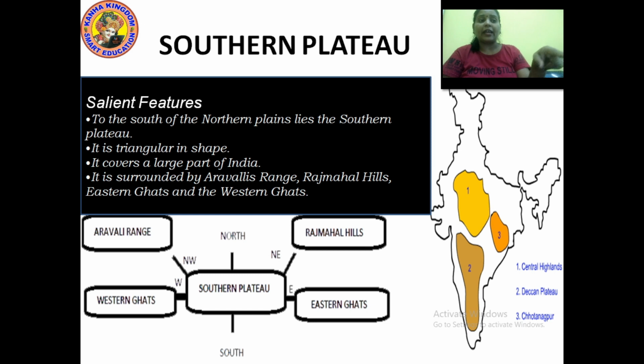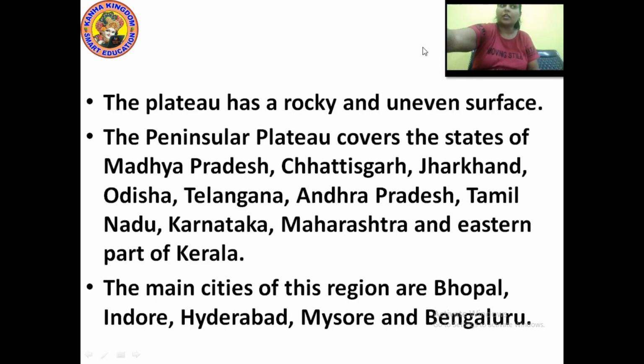Now the diagram which is given to you, the Southern Plateau is divided or recognized by 4 main things. You have to draw it in your notebook and learn it properly, the classification of the Southern Plateau.